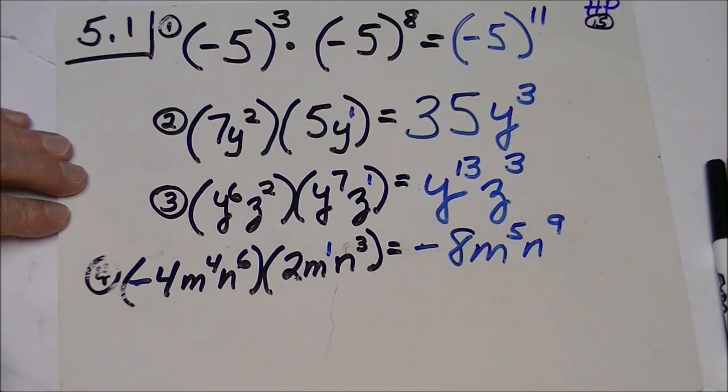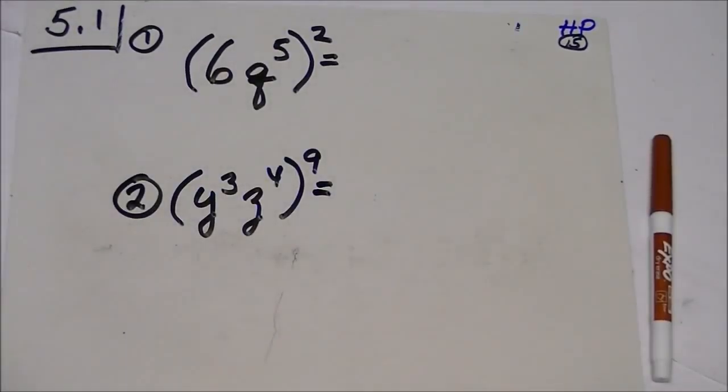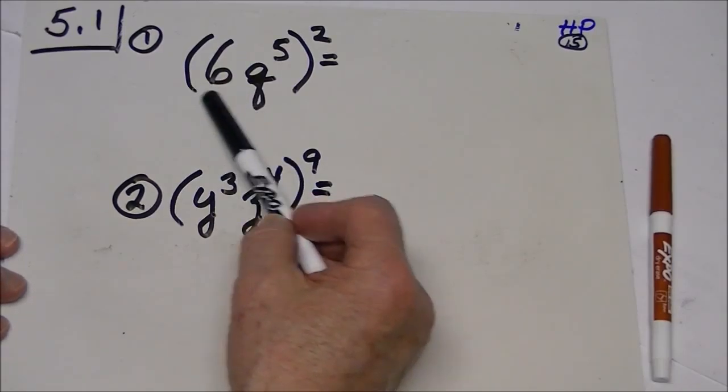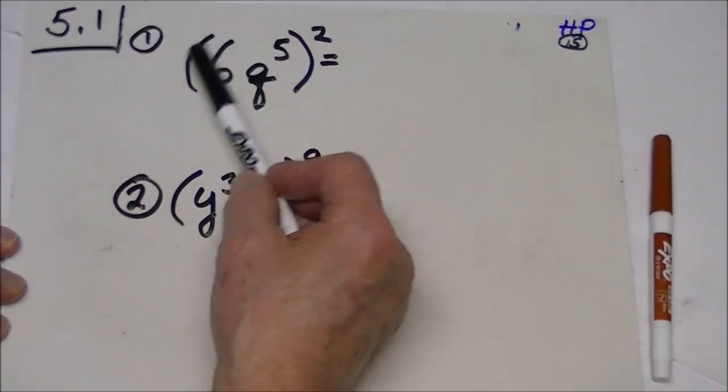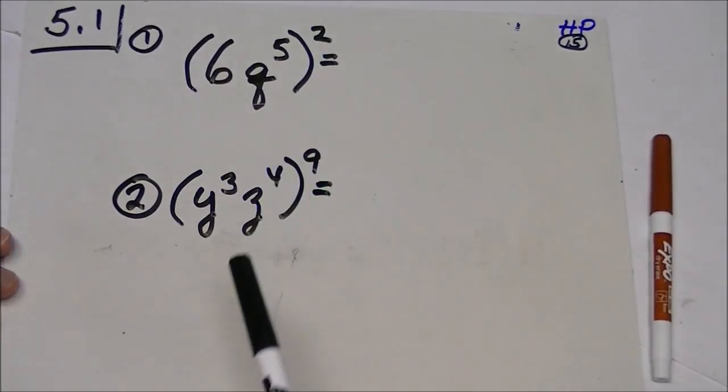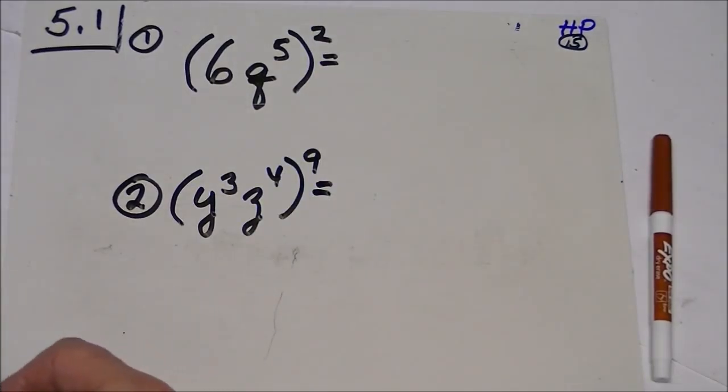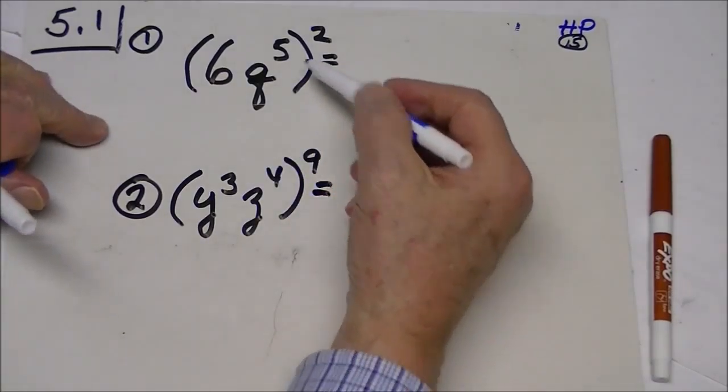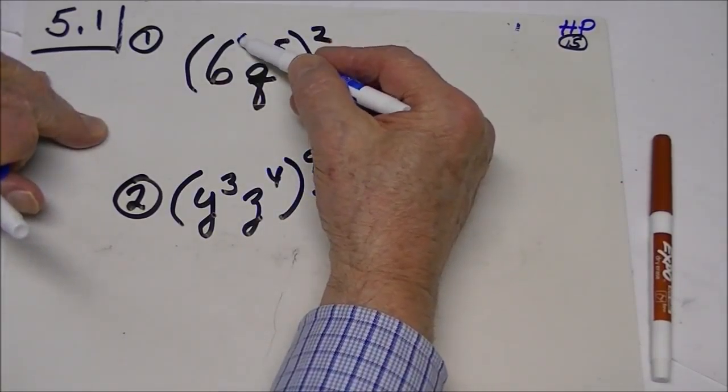We'll pause. Now this is the power rule when we're raising a base in parentheses to a power. So in this case, we don't add exponents, we're going to multiply exponents.